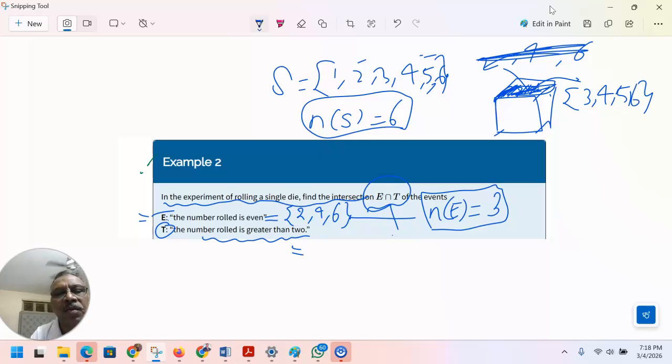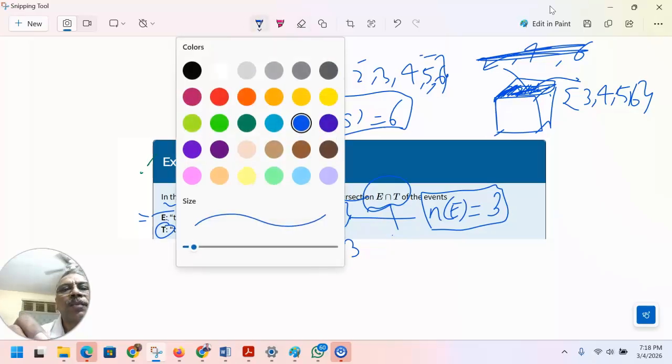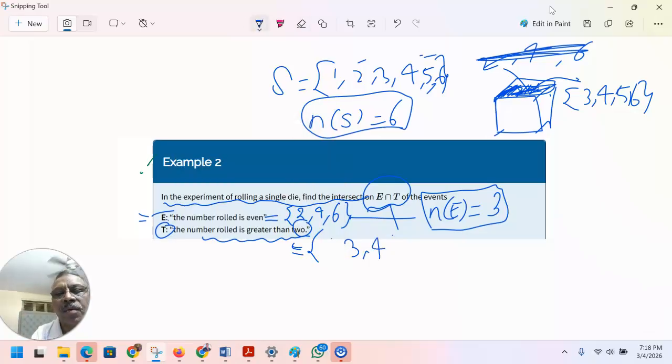Greater than 2 does not include 2, so let me take the 2 off, and it will be 3, 4, 5, and 6. So there are 4 of them. T is an event where the number is greater than 2, and there are altogether 4 outcomes.